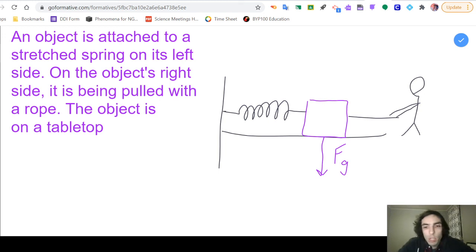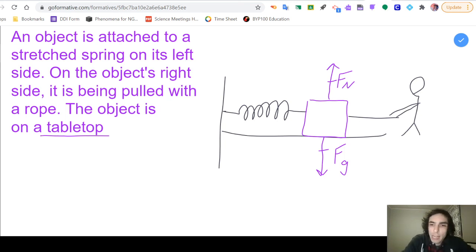Now, the other thing that we know, since this object is on the ground, or on a tabletop, that's a stable surface, and so there's going to be a normal force acting on this object as well. And there's nothing telling us that there are other vertical forces acting on this object, so we are going to assume that those two forces are equal. They have to balance each other out.